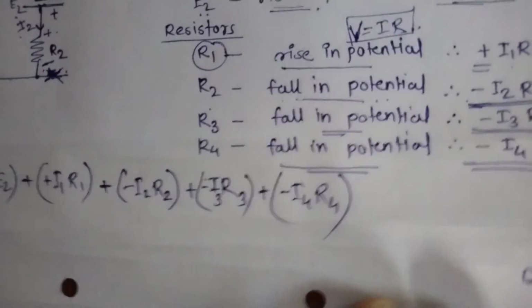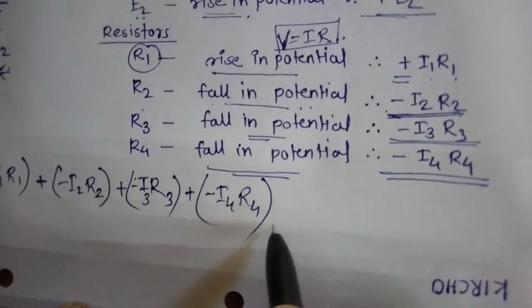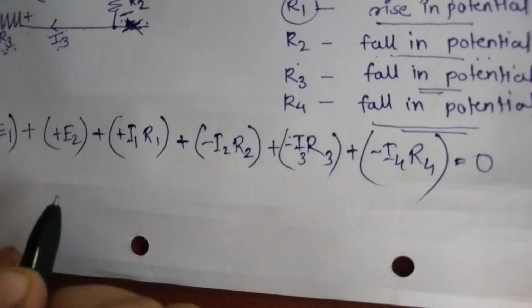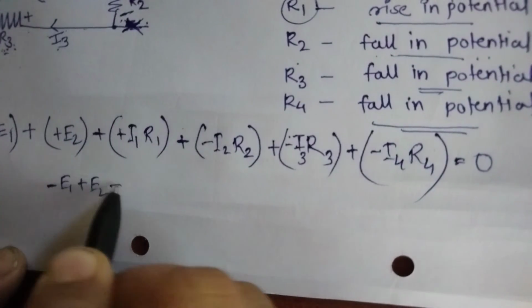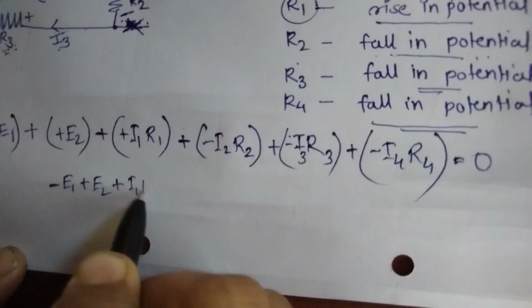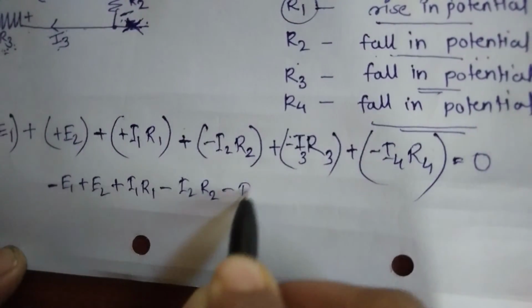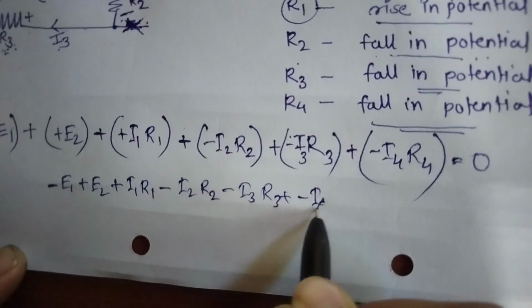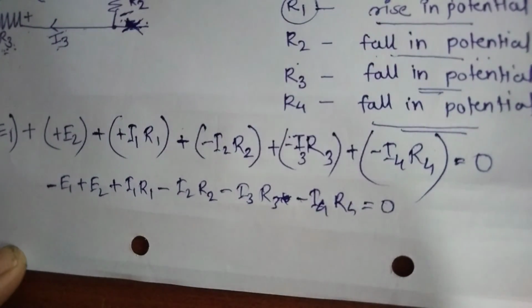And what the law is saying is that this whole summation is 0, so we can write it as minus E1 plus E2 plus I1 R1 minus I2 R2 minus I3 R3 minus I4 R4 is equal to 0.